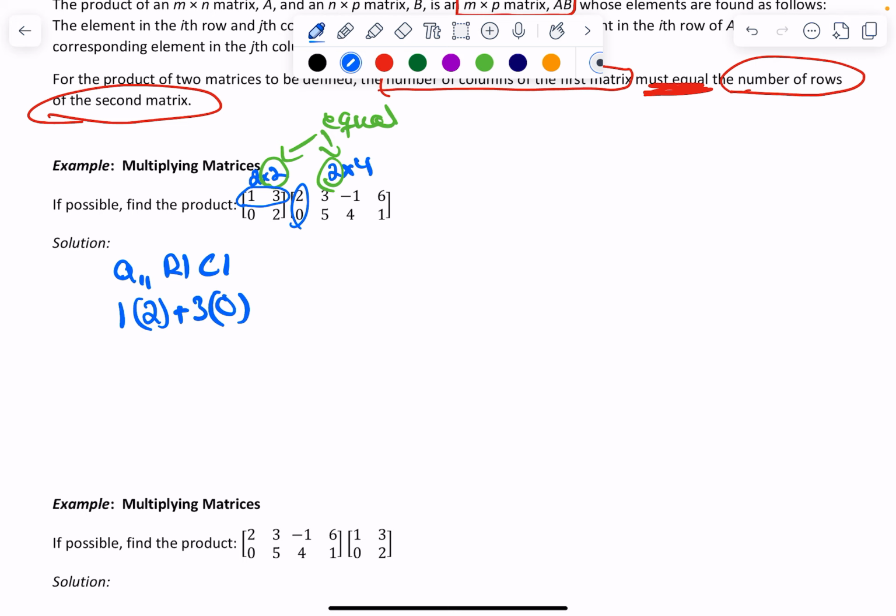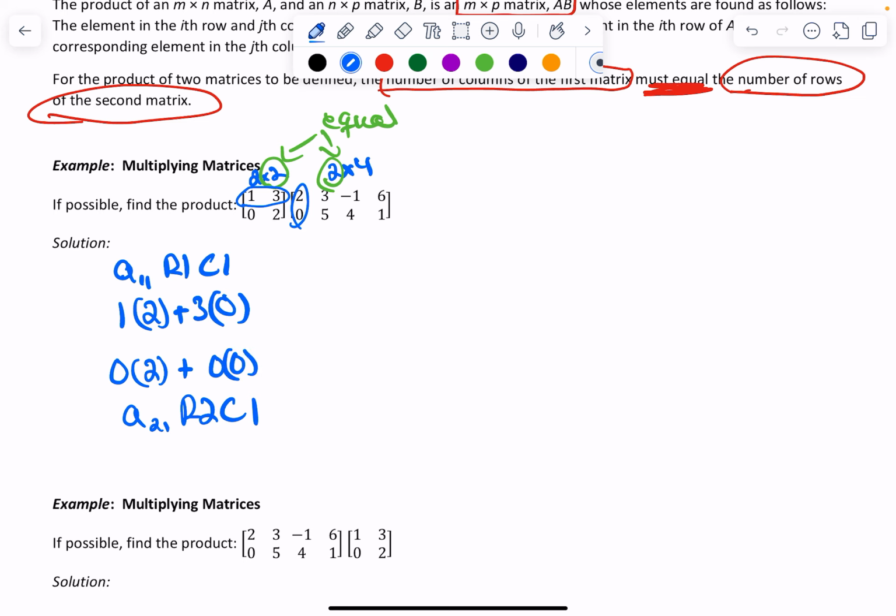This one here is row 2, column 1. So it is 0 times 2 plus 0 times 0.